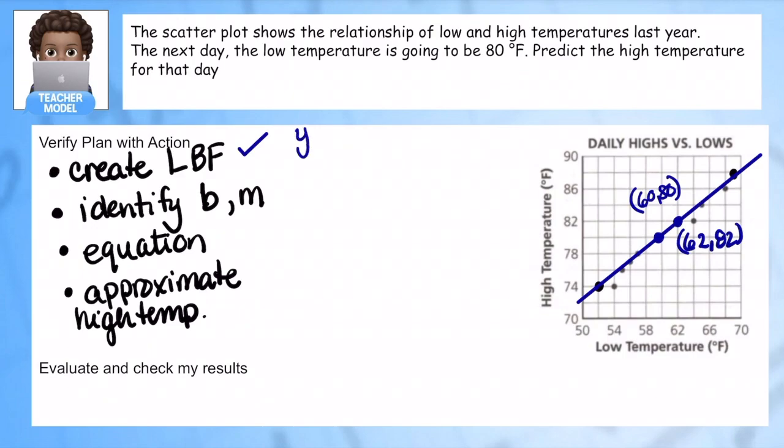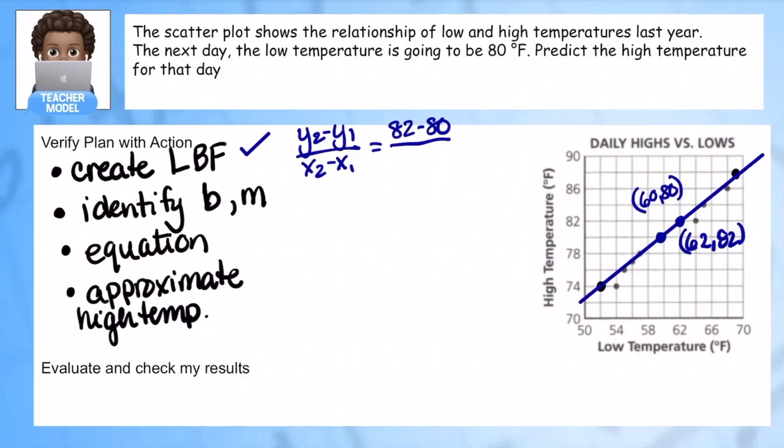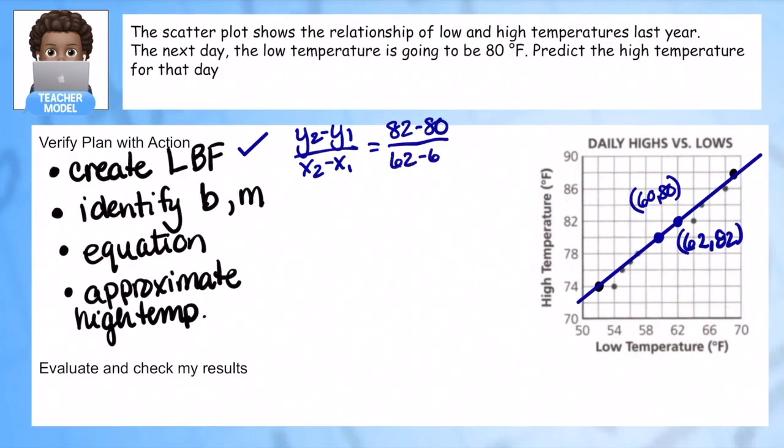So y2 minus y1 over x2 minus x1. We have 82 minus 80 for our y's and 62 minus 60 for our x's. So we have 2 over 2. So our slope, m, is equal to 1.